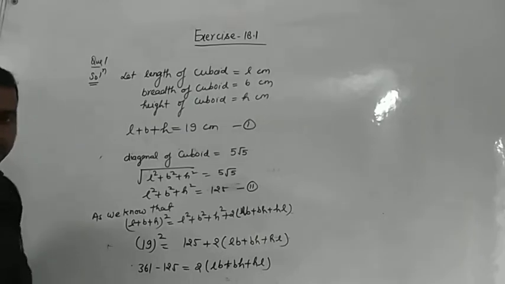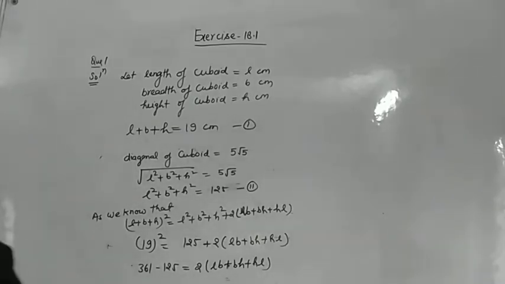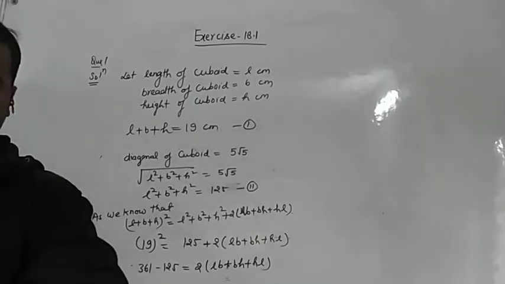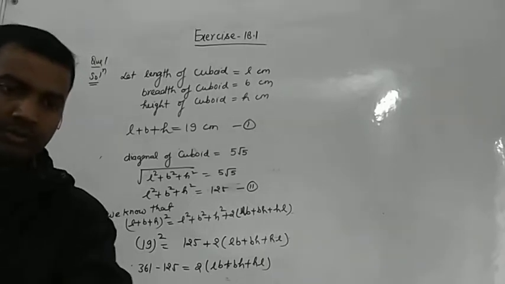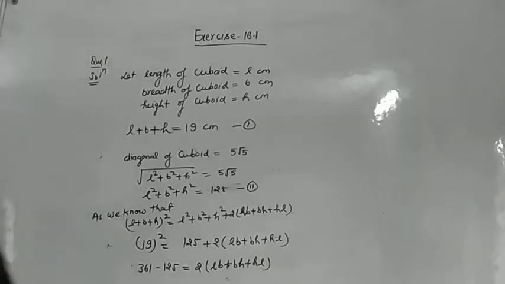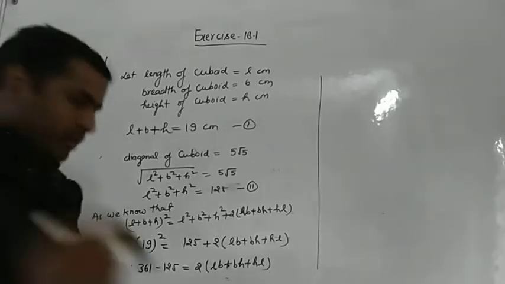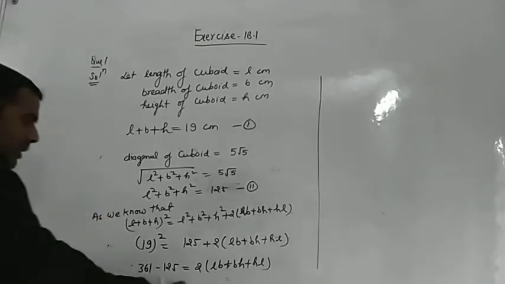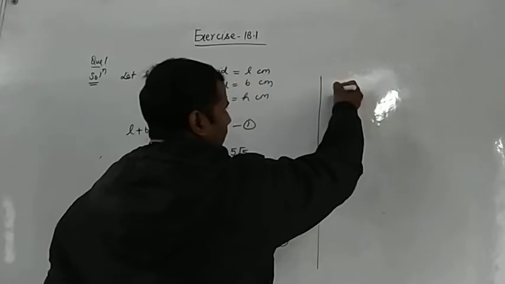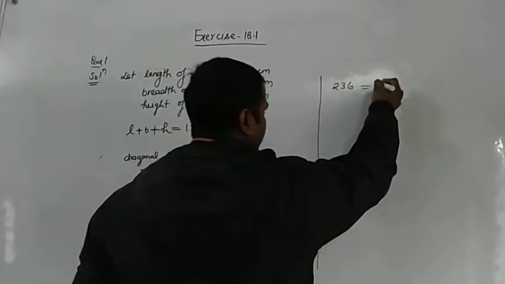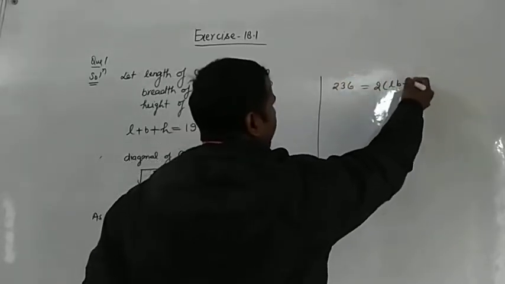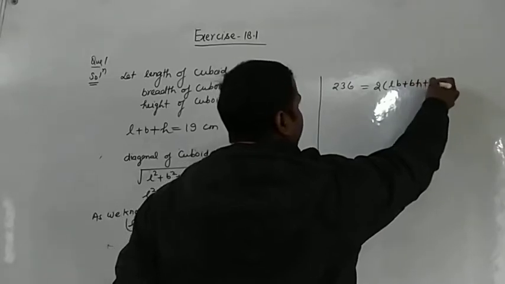Now solve these values. 361 minus 125, so 236 is equal to 2 times LB plus BH plus HL.